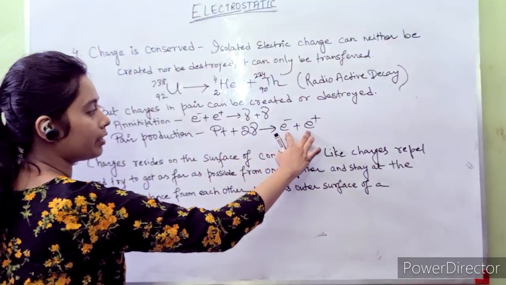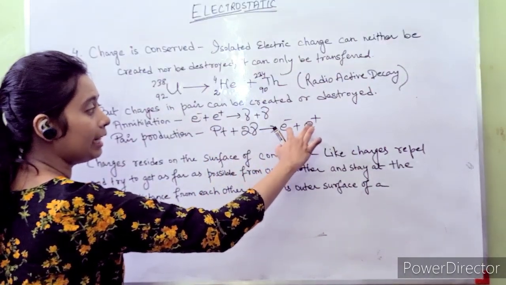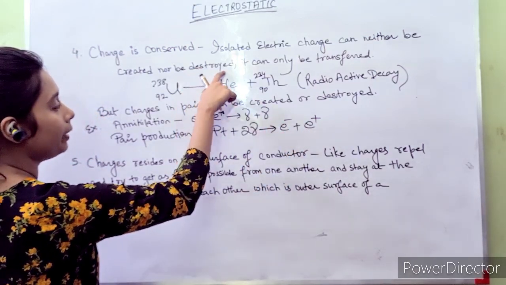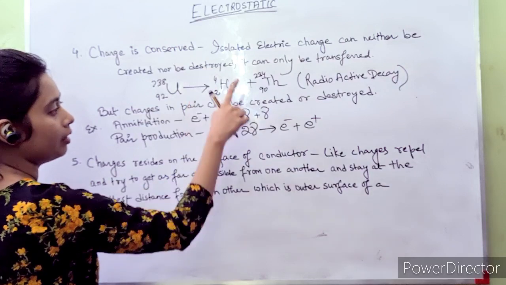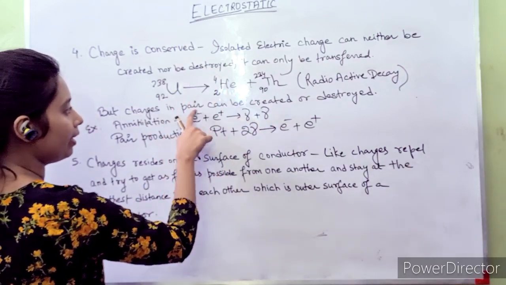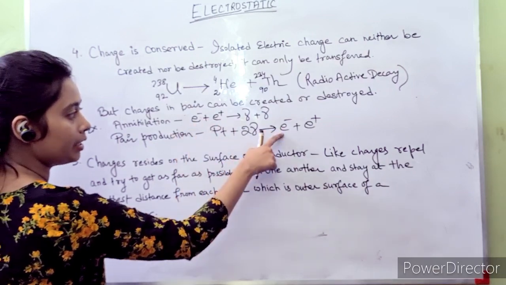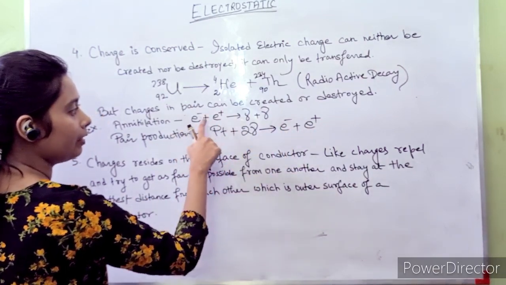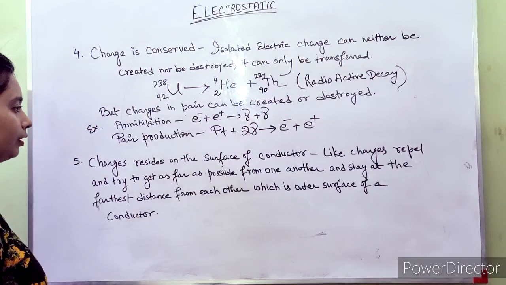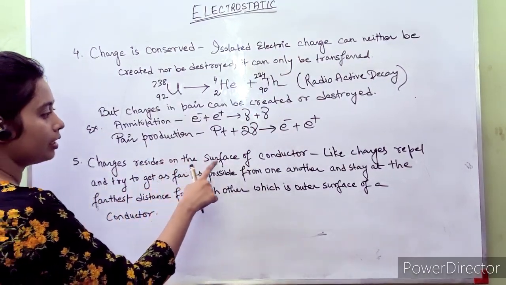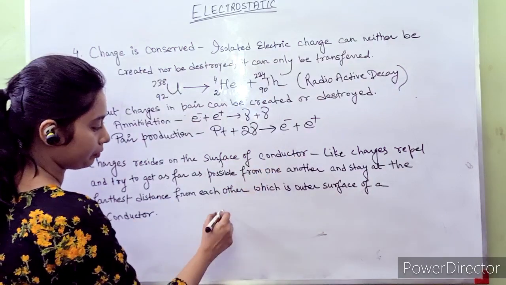Now two charges have evolved in pair. A single charge cannot be created nor destroyed, but in pair charge can be created and can be destroyed.